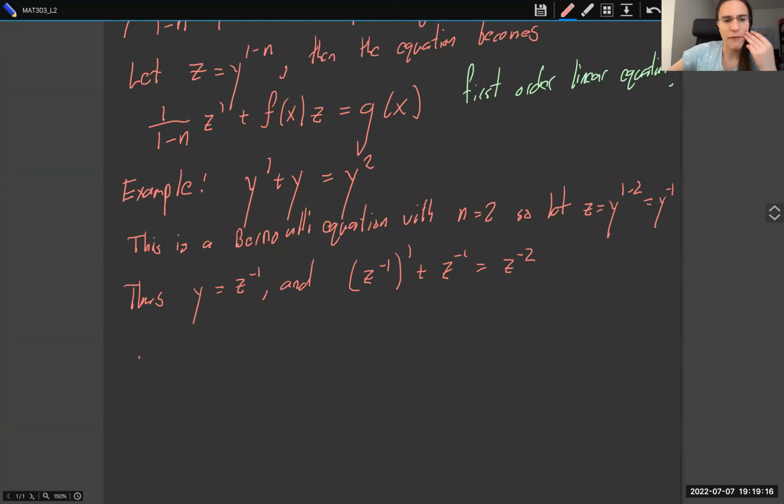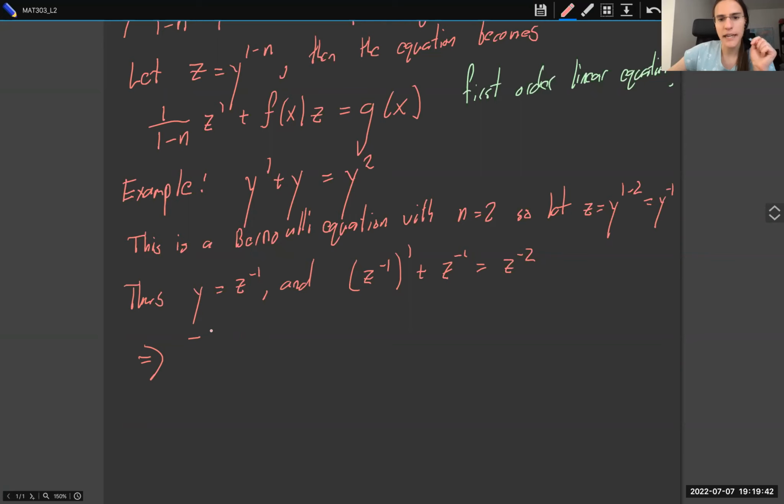And if we take the derivative of 1 over z, what do we get? Minus z to the minus 2. Right, and remember that z is a function of x, so we do chain rule.